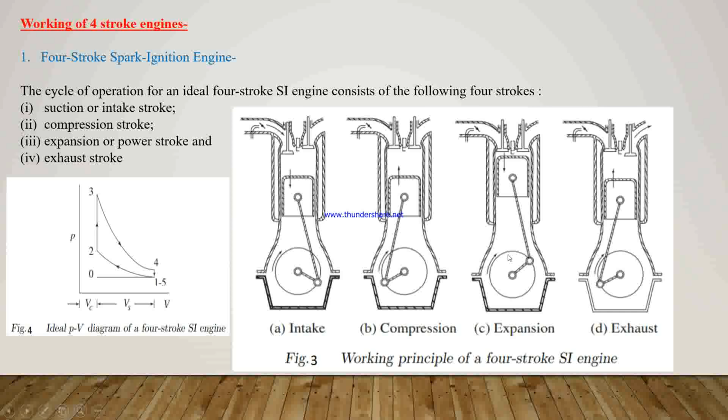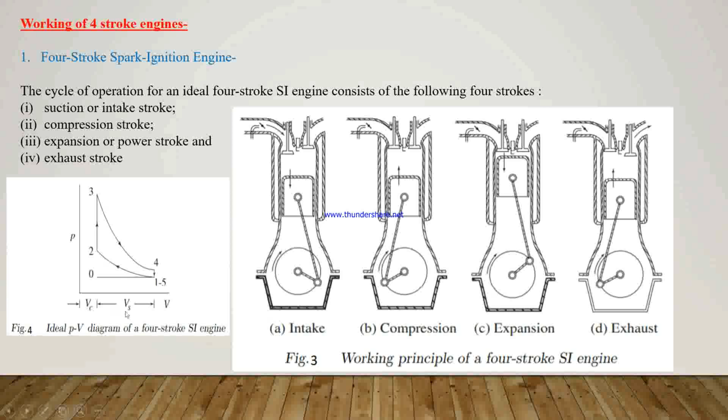Here in figure 3 we see the four figures A, B, C, D showing the working principle of a 4-stroke SI engine, where the first is intake, second is compression, third is expansion, and fourth is exhaust.